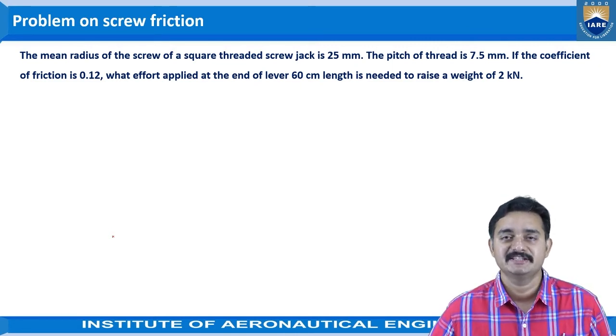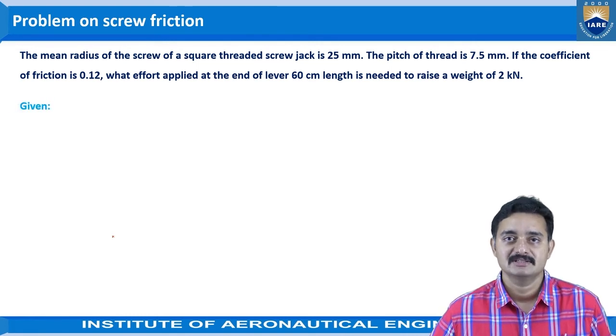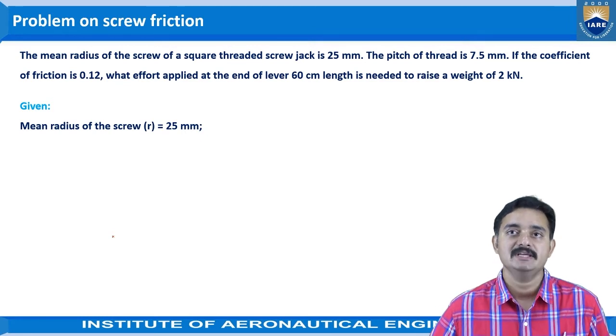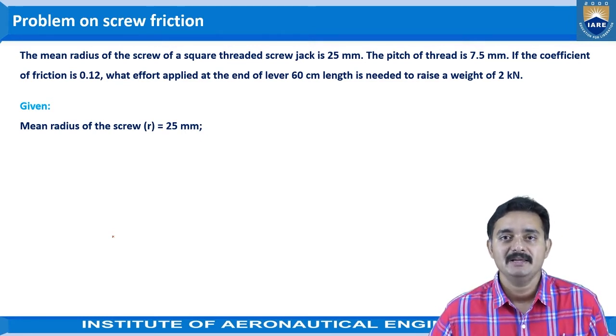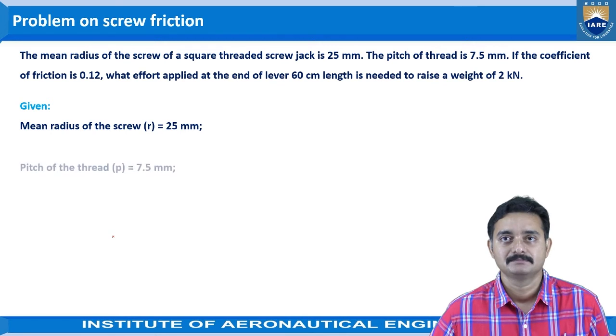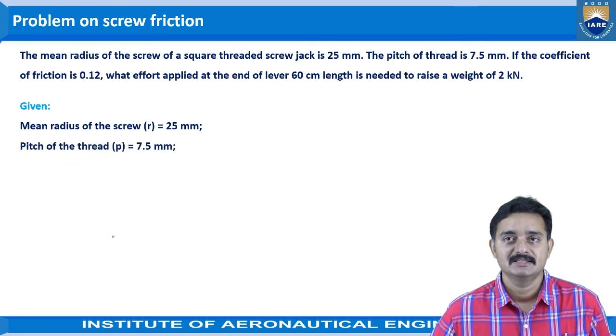So again, this is a problem related to screw friction, and the given data from this question can be written like this. The mean radius of the screw R is given as 25 mm, so the total diameter will be 50 millimeters. And the pitch of the thread, represented with small letter p, is given as 7.5 millimeters.